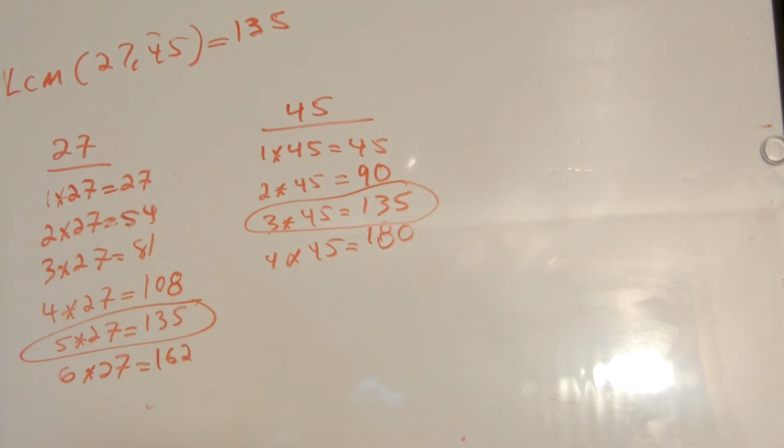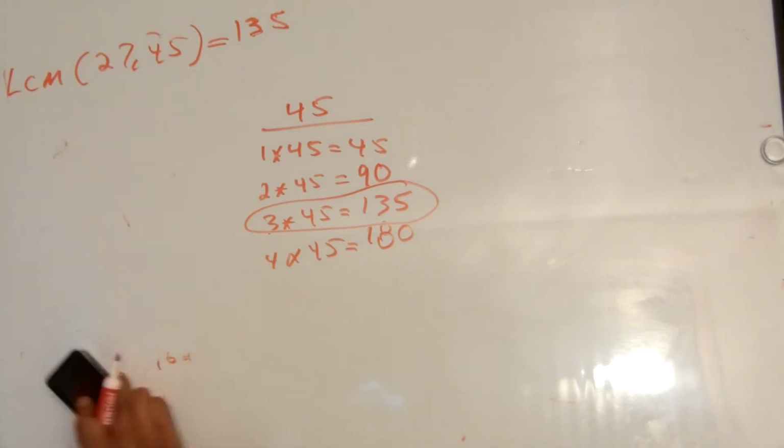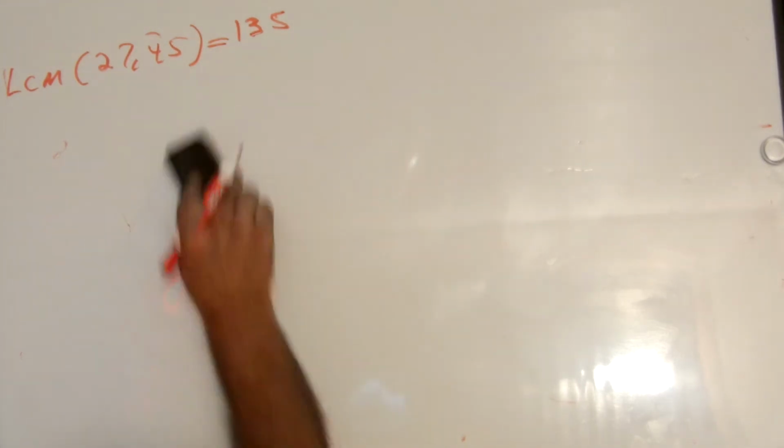You can check it. 135 divided by 27 is going to be 5, and divided by 45 is going to be 3. So 135 is the least common multiple.